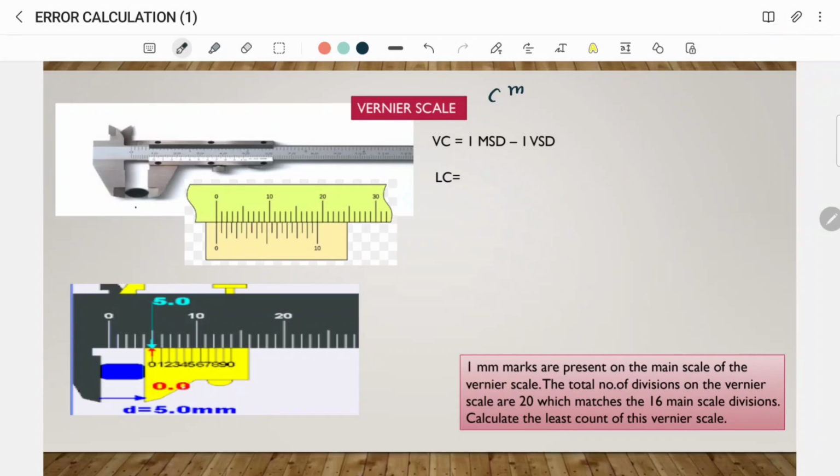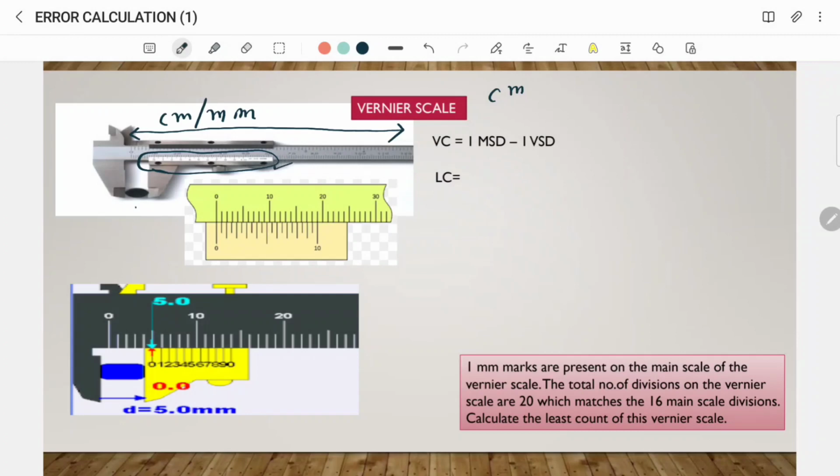Now you see that this instrument is provided with two scales. One scale is along this and this is called the main scale. This can be either a centimeter scale or a millimeter scale. And another scale is provided here, a small scale which is called the vernier scale.